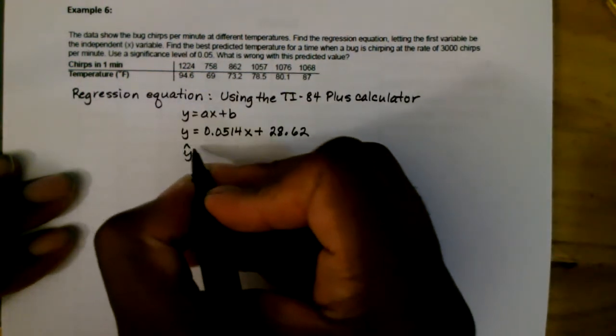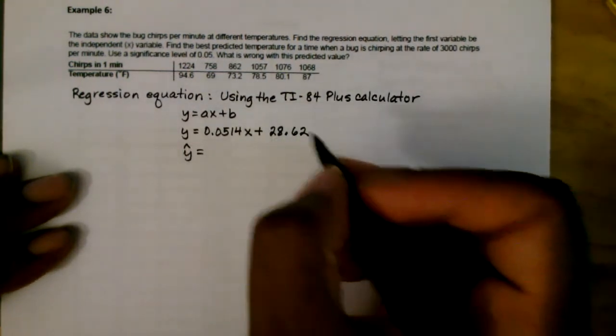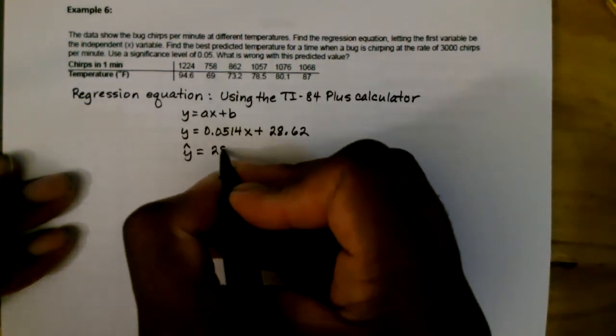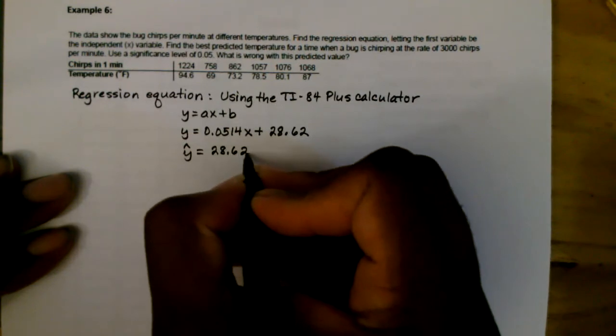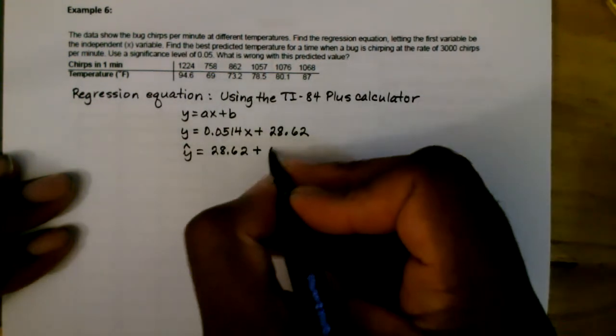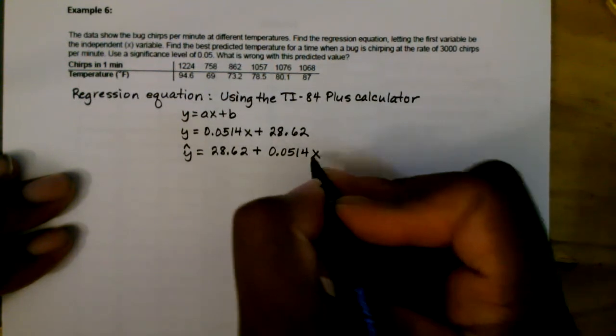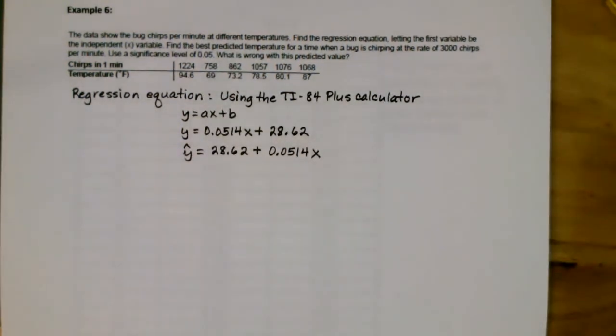Okay, but they had the y-intercept in front. So this 28.62, that's your y-intercept, that goes in front. And the linear term behind it. So this is your linear regression equation. Y hat is equal to 28.62 plus 0.0514x.